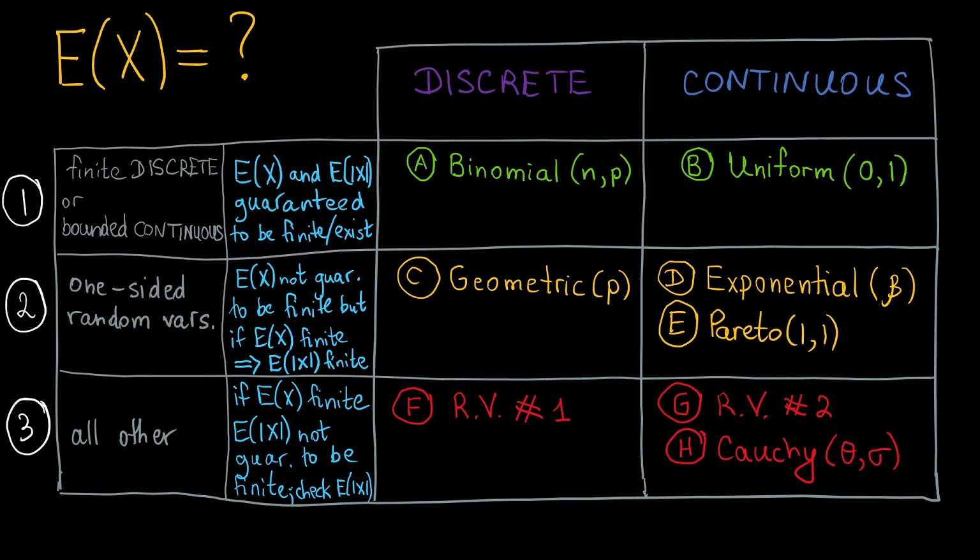So do we have to go back now and do all of that to be sure that the expected value of x exists? Luckily for these 3 distributions, the geometric, exponential, and Pareto, as well as any other distributions that are like these in row 2, which we've labeled as one-sided random variables that take on only non-positive or non-negative values, if we establish that the expected value of x is finite, then that automatically guarantees that the expected value of the absolute value of x is also going to be finite, so we don't even need to bother checking it.